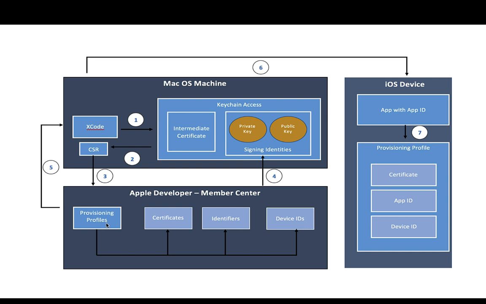So you need to have a provisioning profile. The provisioning profile will contain the list of certificates, the identifier, then device IDs, all the devices that you want to run.